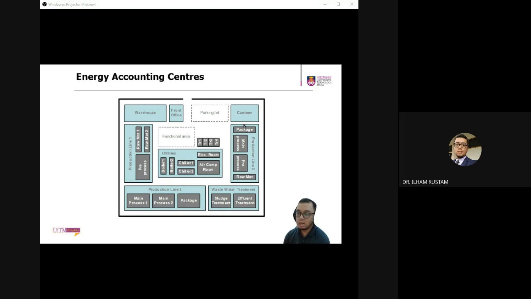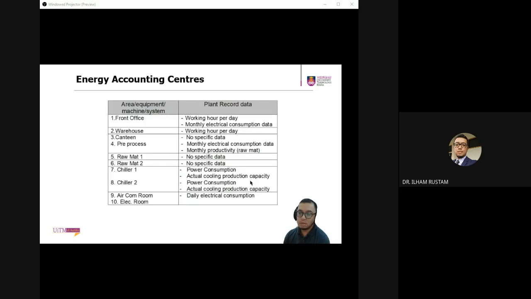If you indicate that production line 3, for example, here as your EAC, so raw material will be the input that you need to measure so that you'll be able to define your EAC correctly. Okay, so this is basically just an example of what data that you can record specifically for each area.